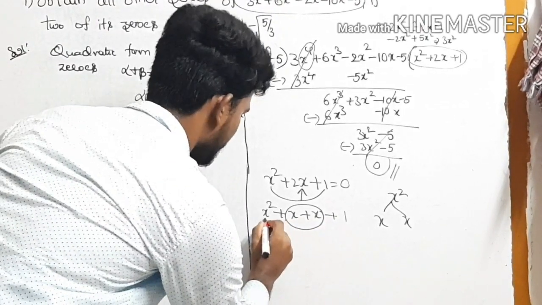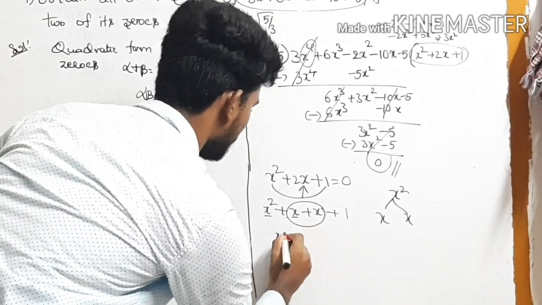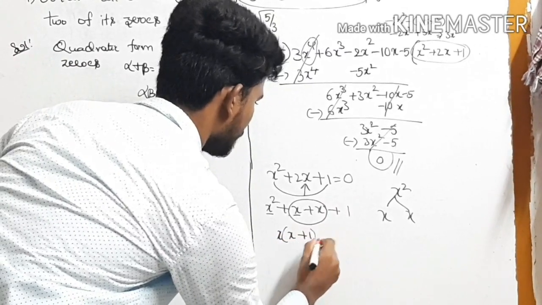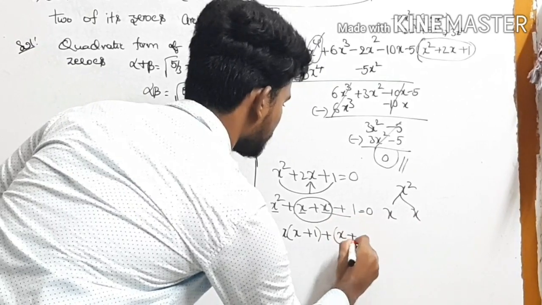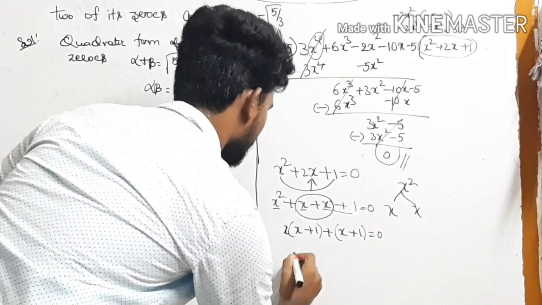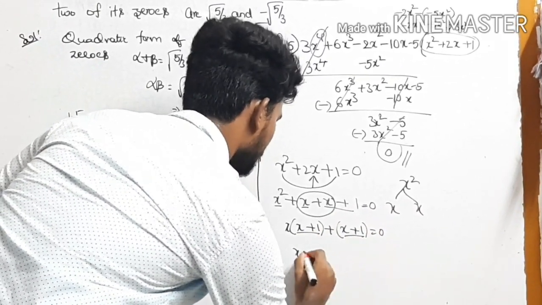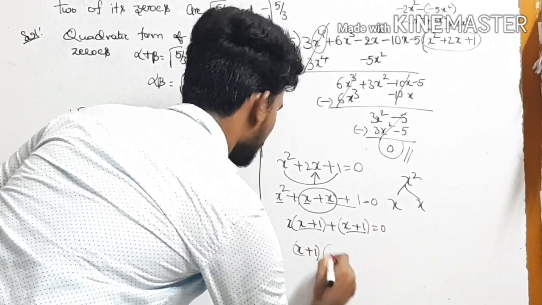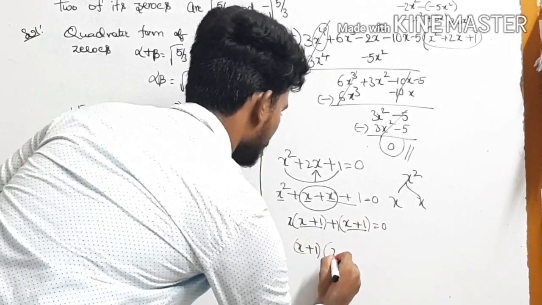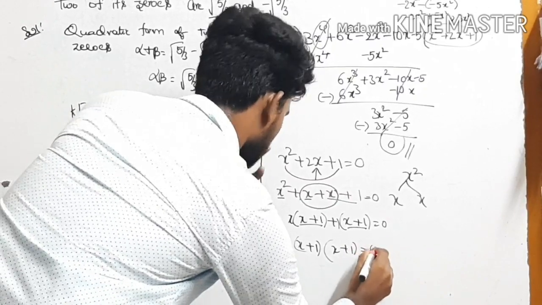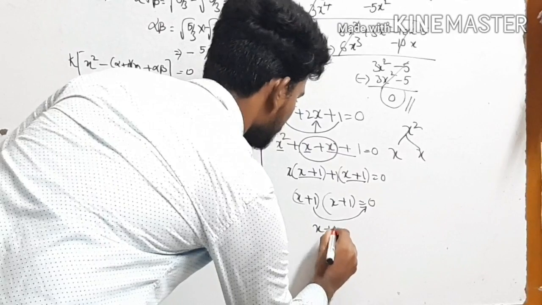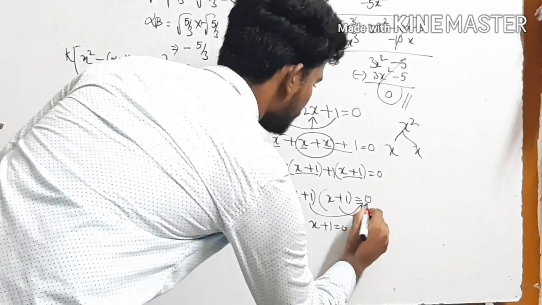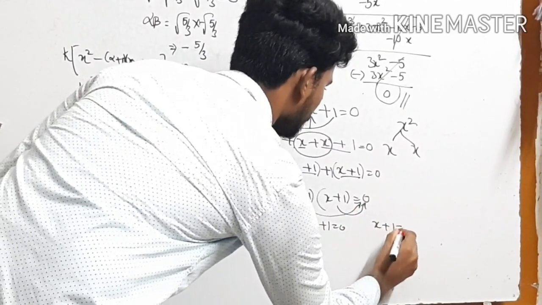Here x and here x, we can take x + 1 as common, and this is 1, so x + 1 common, equals to 0. Then x + 1 equals to 0, and x + 1 equals to 0.